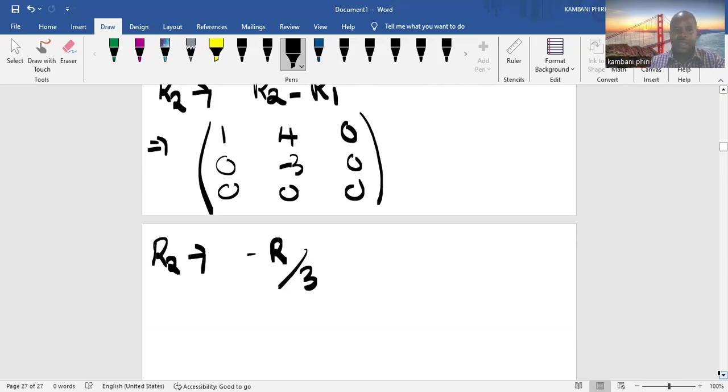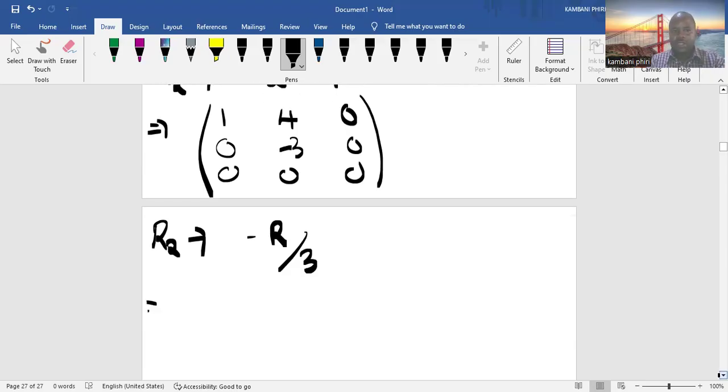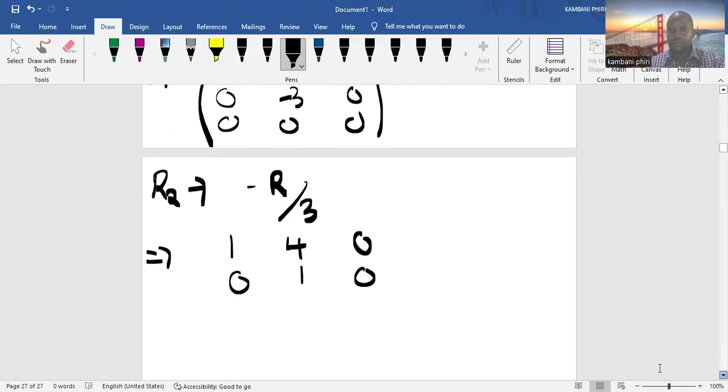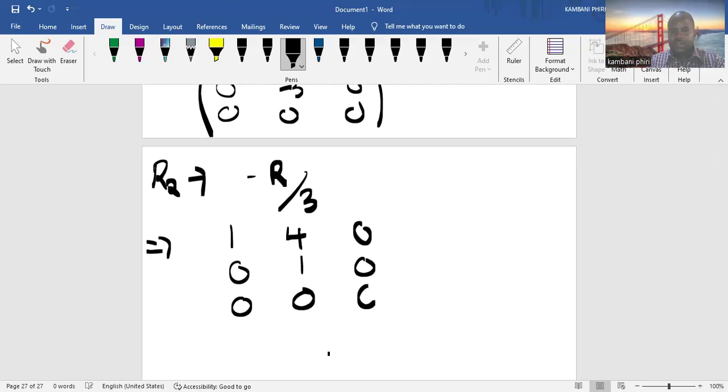We multiply by -1, then divide by 3. So this will imply that we have 1, 4, 0, 0. When you multiply by -1, it will be 3 by 3 will be 1, then 0. So we have 0, 0, 0 here.